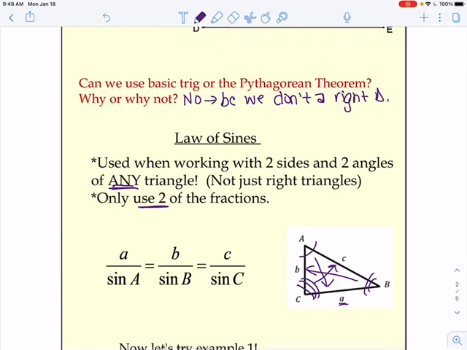It really doesn't matter which letters we use here. If we have the triangle above, we had DEF, so I could say D over the sine of D equals E over the sine of E. It totally doesn't matter the letters that you use, but again, lowercase letter on the top, uppercase letter on the bottom. That's a side on the top, that's an angle on the bottom.